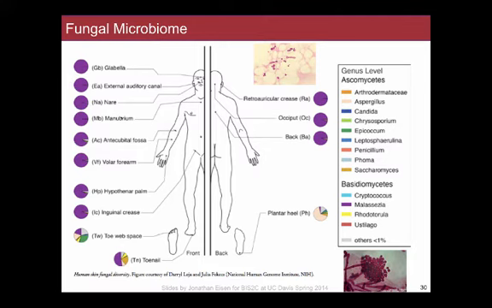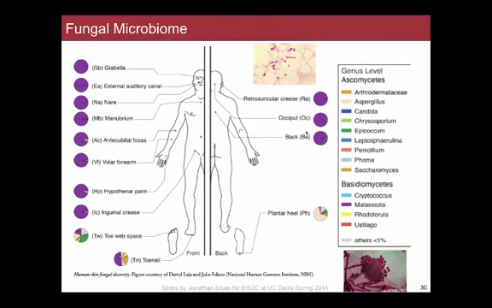This is a figure from a very recent paper where they did a survey using DNA to survey all the fungi in different parts of the human body, and in most cases, all of this purple here, these particular sites, so different parts of the ear, the chest, the arm, the feet, are dominated by just one lineage within the Basidiomycota, this Malassezia lineage.